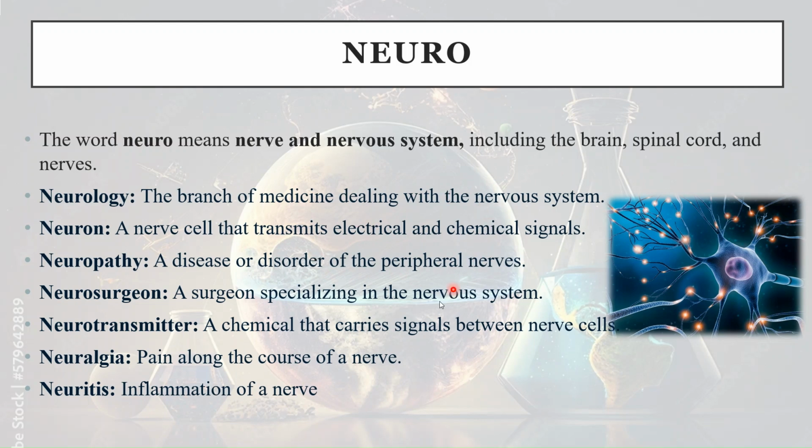Neurotransmitters: the chemicals that carry signals between nerve cells are called neurotransmitters. Algia, we know, means pain, and neuralgia is the pain along the course of a nerve. And neuritis is inflammation of the nerves. So you've seen a few good examples of neuro and neuron related words.